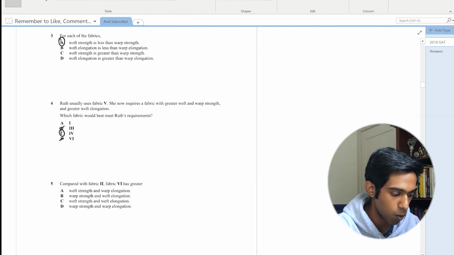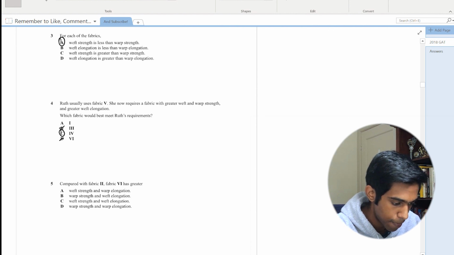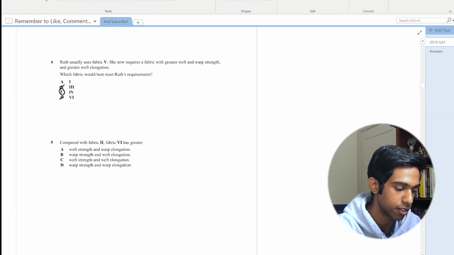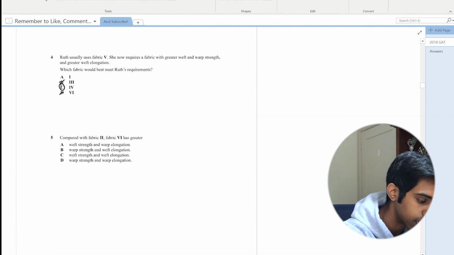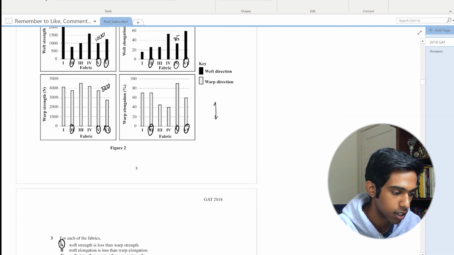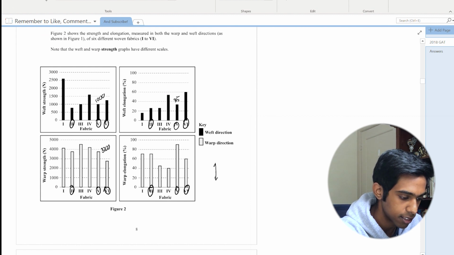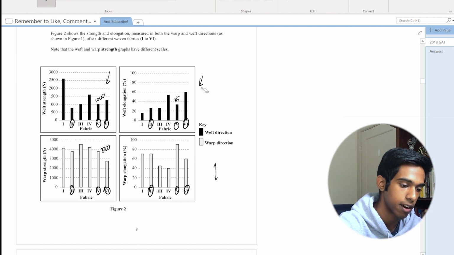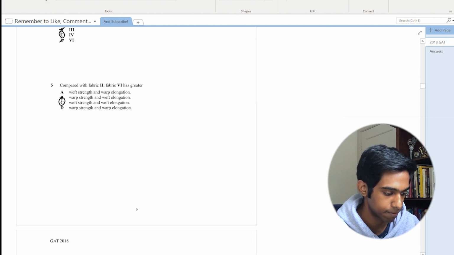So it's less on the warps and greater on the weft. So reading each of these, that gives us C because it has greater weft strength. Yes, that's true. That's this graph. And then greater weft elongation, which is this graph as well. Okay.